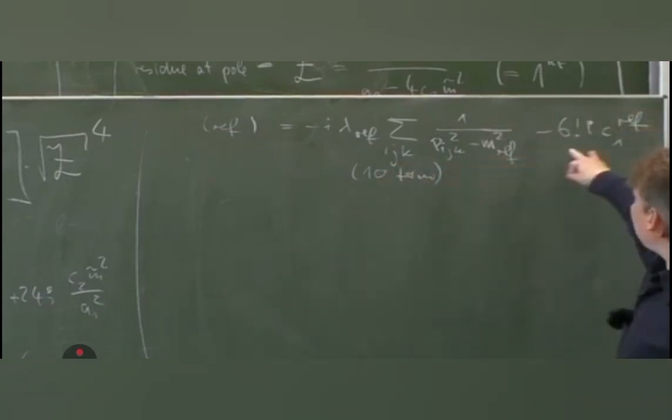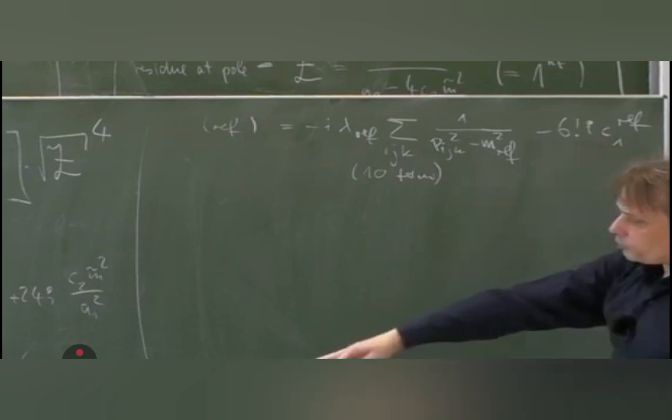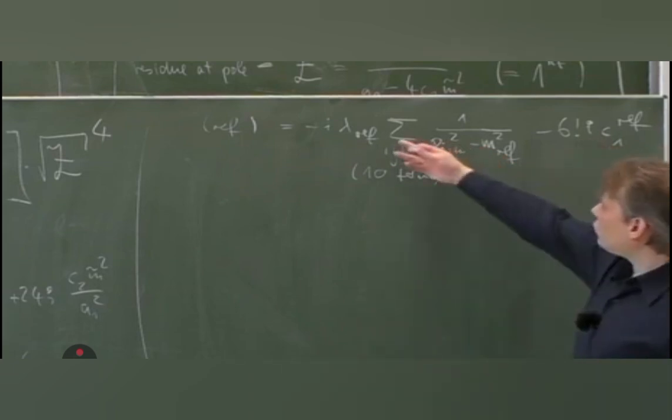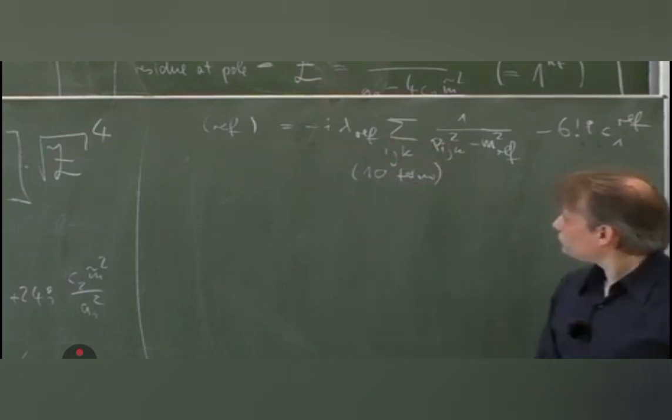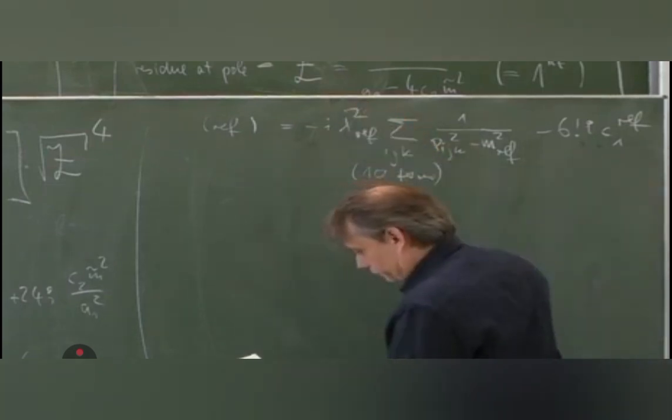Okay. So here this comes obviously from the 6-point vertex, and this comes from the diagram with the 2 lambda vertices, and here there is a square.